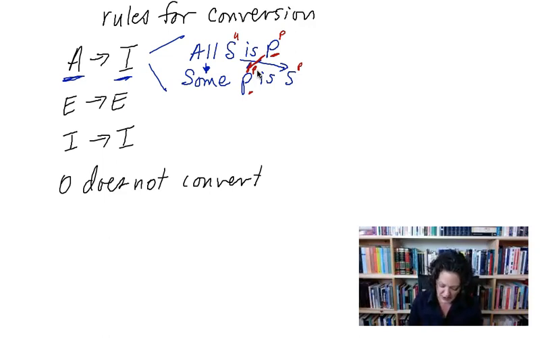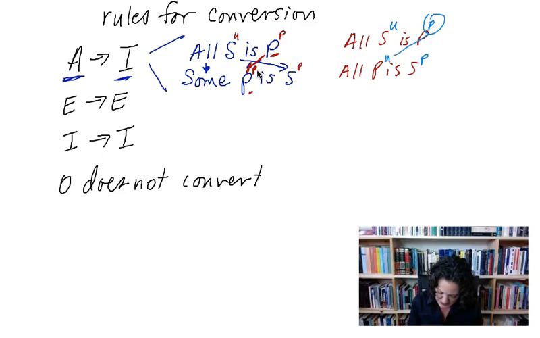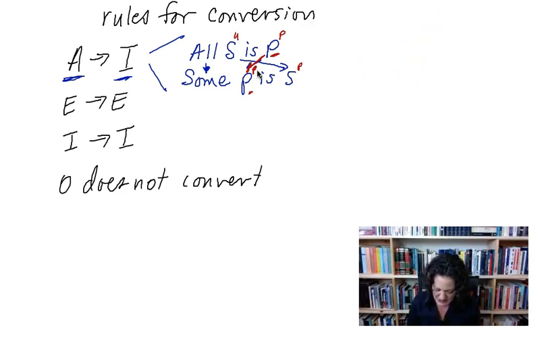If we were to go like this, all S is P to all P is S, then we've done something wrong here. This would be a universal and a particular. So we've gone from a particular P to a universal P here. And that's a mistake. So we can't do that. That's why it has to be some P is S. Okay. Now that is the A to I statement.